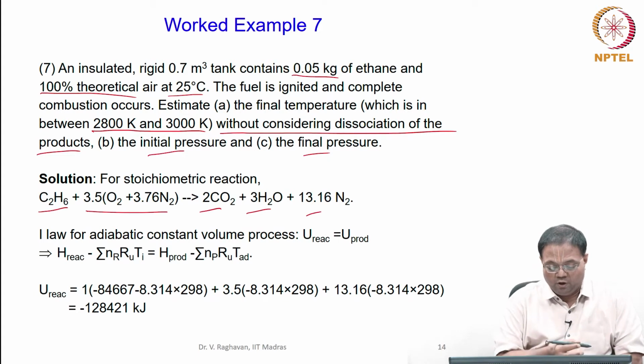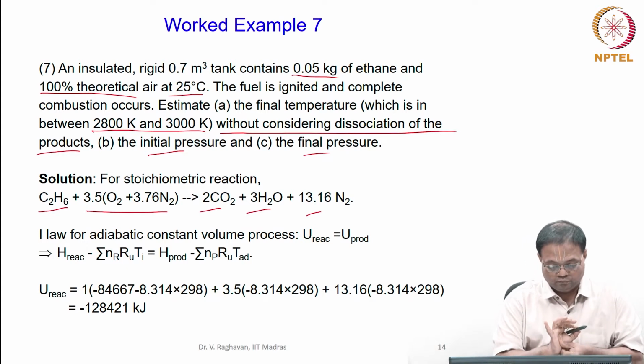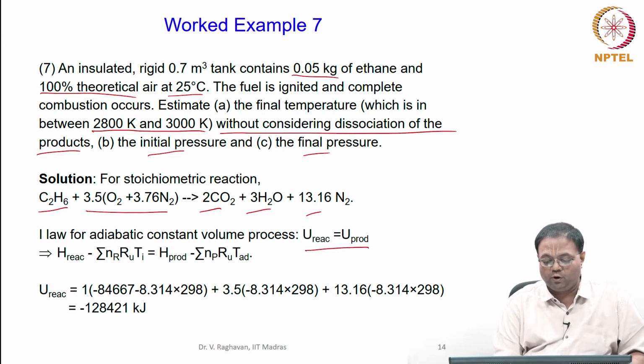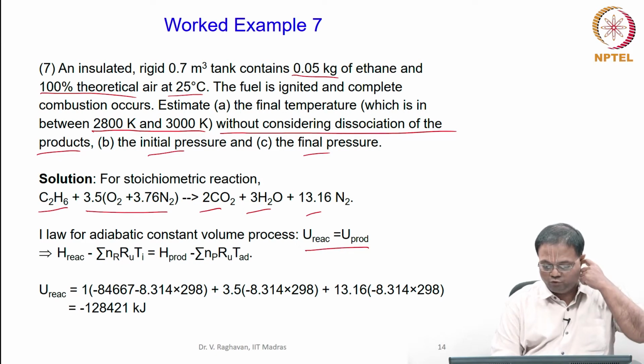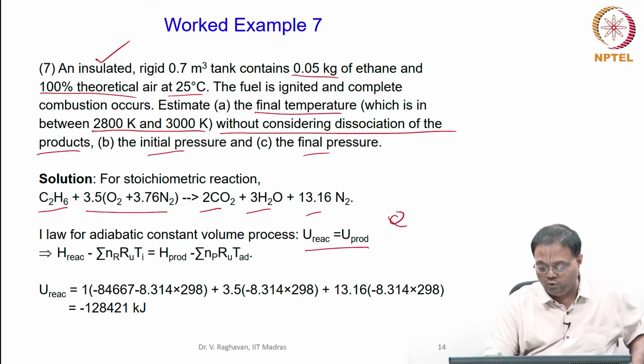Now for constant volume process, U reactant equals U product, because it is adiabatic. So we actually need to calculate the final temperature. Insulated vessel, so Q1 to 2 equals 0, adiabatic.